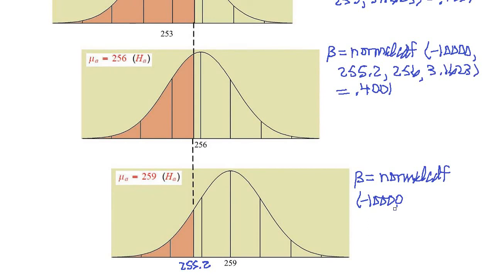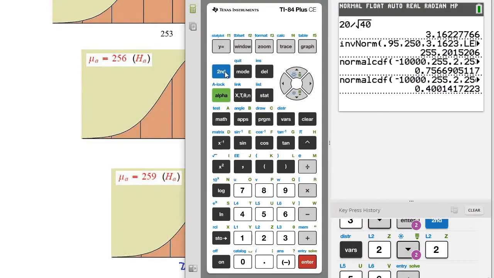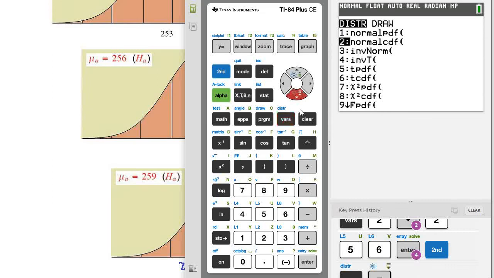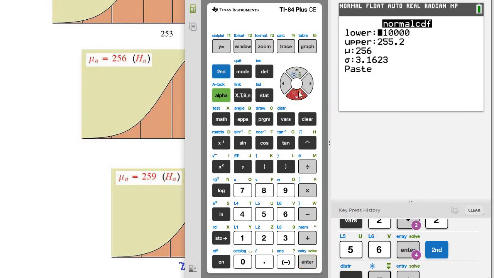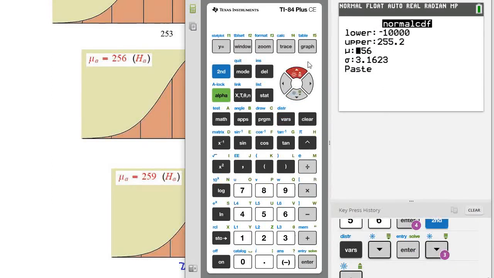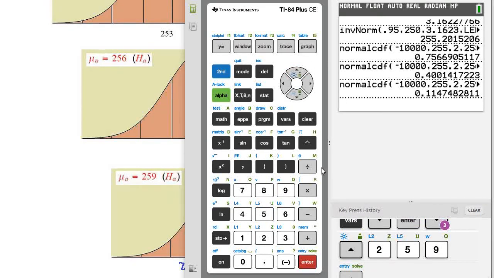Right hand, 255.2. Mean, 259. And then standard deviation, 3.1623. Go ahead and key that in. So again, the only thing we have to change is the mean here. So 0.1147.